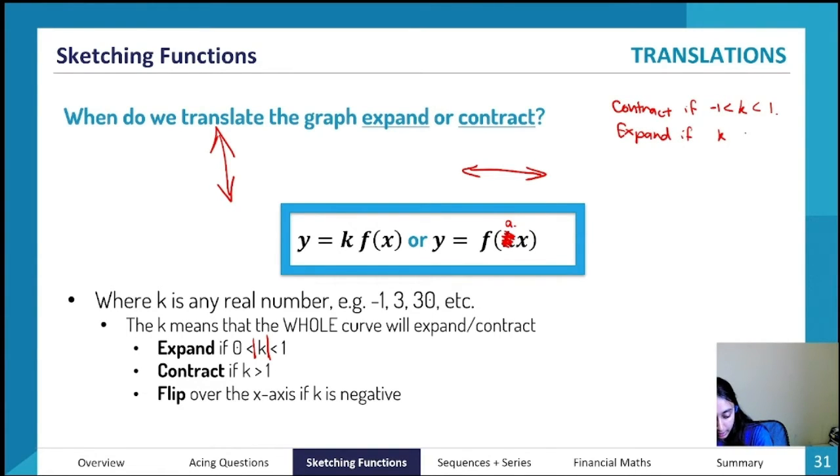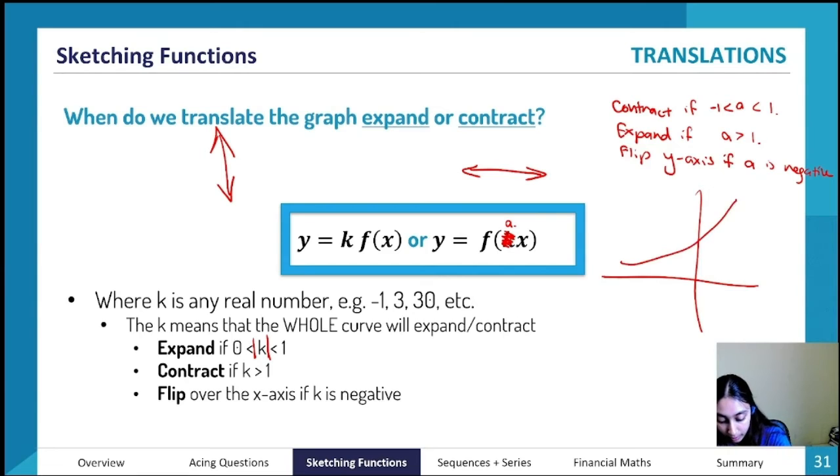And it'll flip the y-axis if a is negative. Sorry, why am I writing k? I should be writing a. Sorry for anyone that's copying. Okay, so instead of flipping the x-axis like before, we'll be flipping the y-axis. So let's say we have our original curve looking like an exponential. Our new curve will look like this.